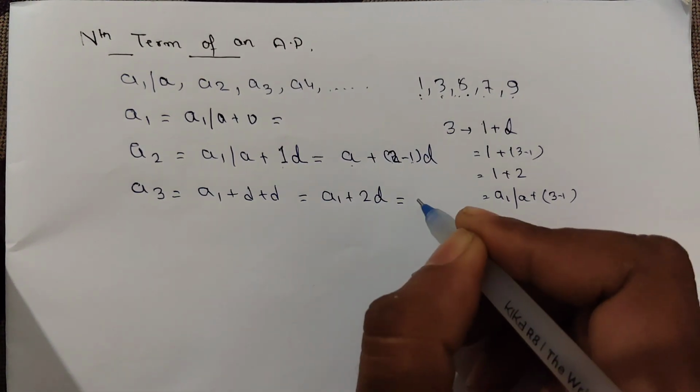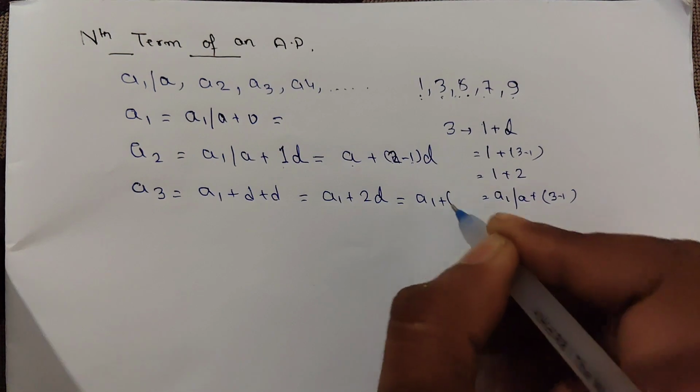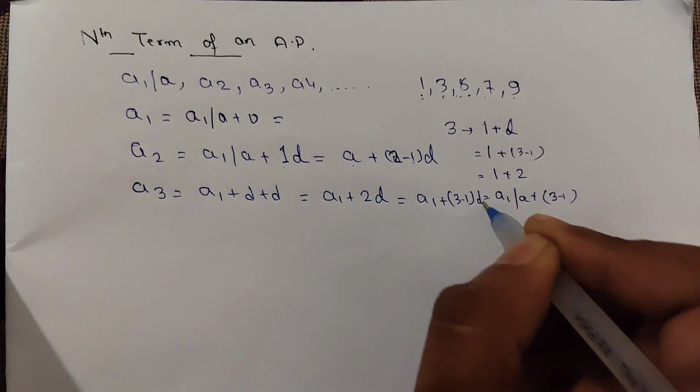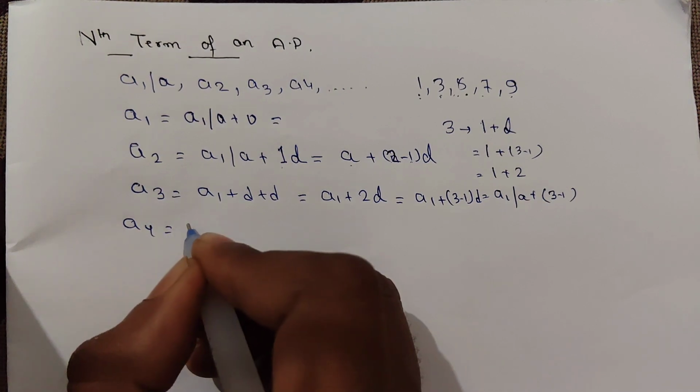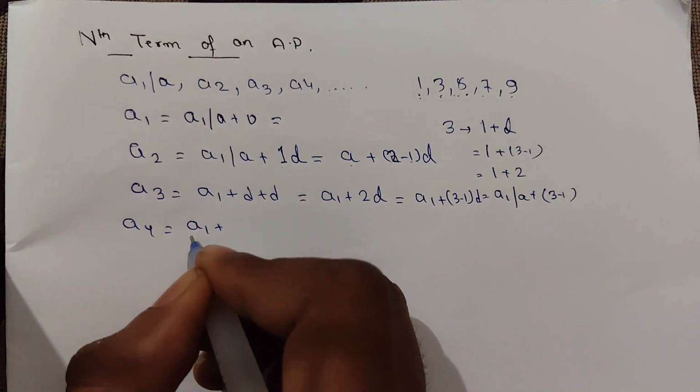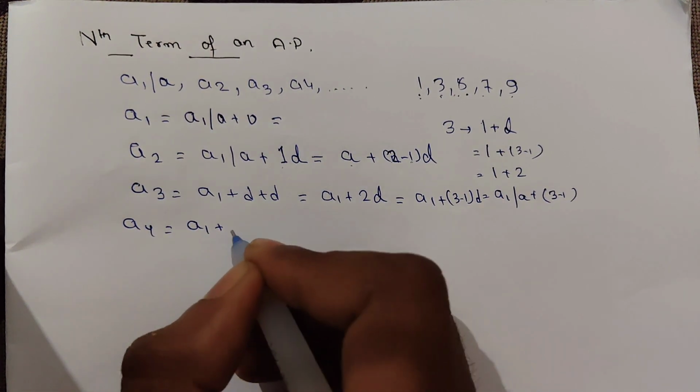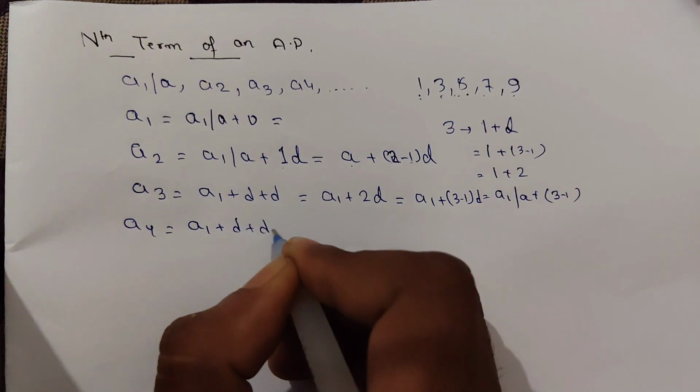Can I write this as A1 plus (3 minus 1)D? Yes, sir, you can write. Now A4, how can I write, sir? A4 is equal to A1, with respect to A1 only you have to write, plus D plus D plus D.